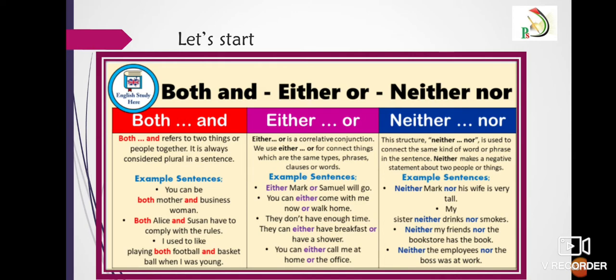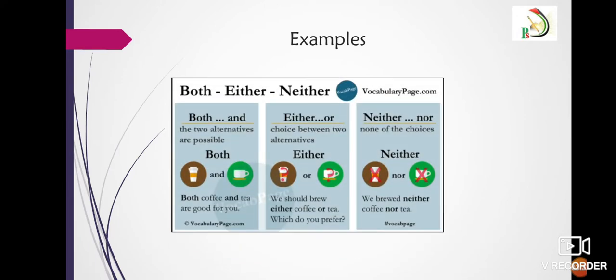And the next one is more examples. Here I have explained it with a simpler example with both and, either or, neither nor. See, both coffee and tea are good for you. We have two options and both are available for you. Both coffee and tea are good for you. Both is coming with and.